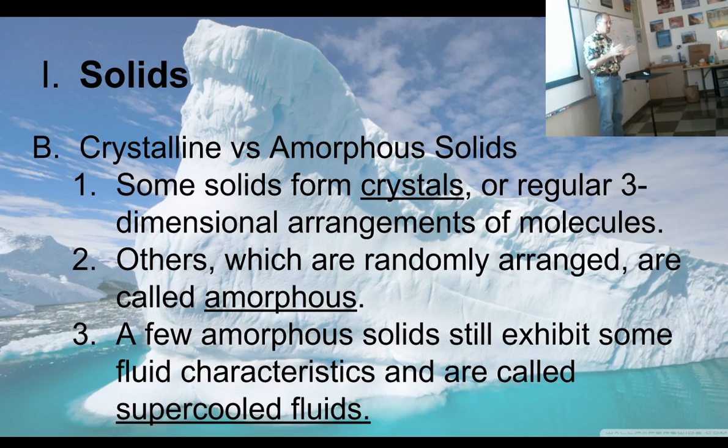An old window is thicker at the bottom, thinner at the top, and it may even duck down and start to leave the frame at the top as the glass sags over time and starts to puddle at the bottom. So it still is a solid, but it behaves like a really cold fluid. And some amorphous solids we call supercooled fluids, glass as an example.